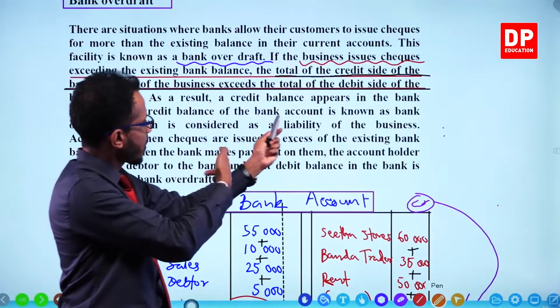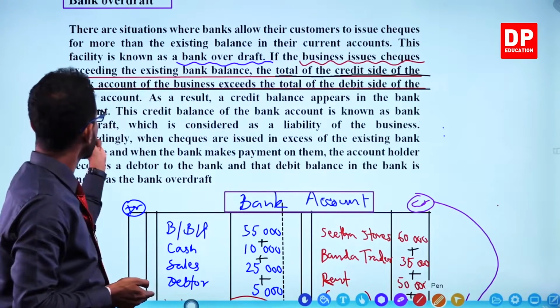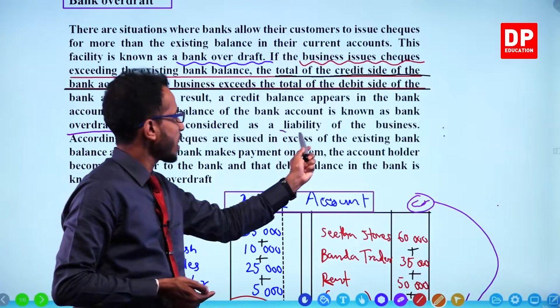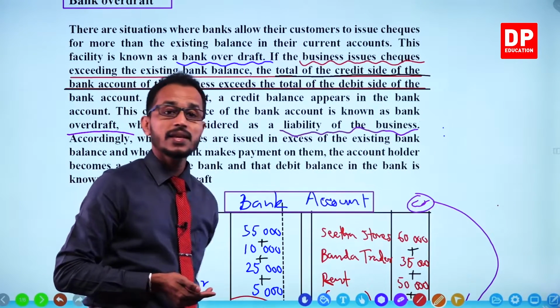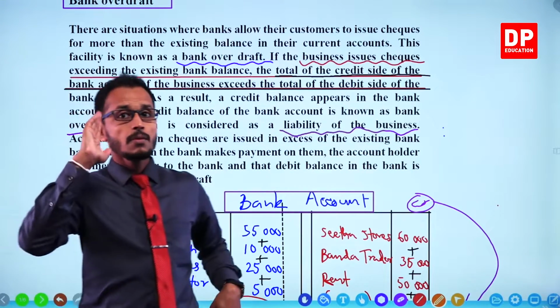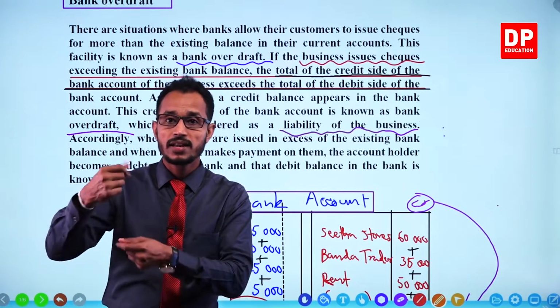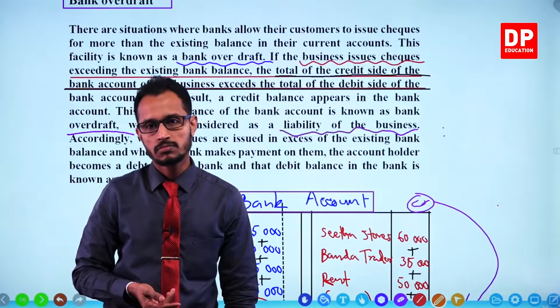This credit balance of the bank account is known as a bank overdraft, which is considered a liability. It is a liability of the business because the bank provides the shortage from bank money. That is a short-term loan.